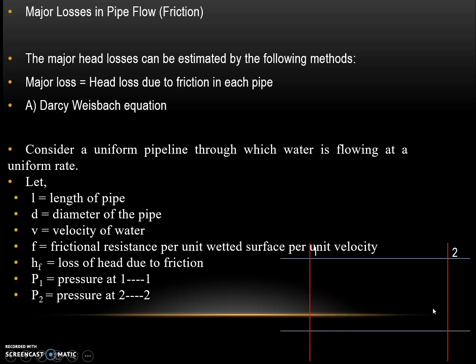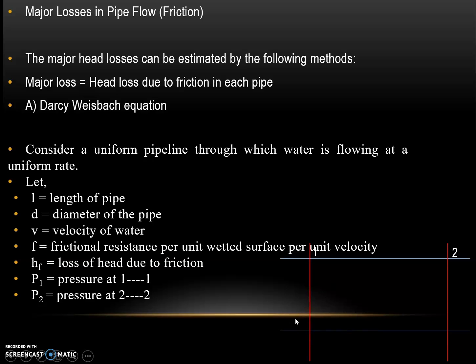Let L be the length of the pipe, D is the diameter of the pipe, V is the velocity of water flowing, F equal to frictional resistance per unit wetted surface per unit velocity, HF equal to loss of head due to friction which is exerted by the material of the pipe onto the liquid.